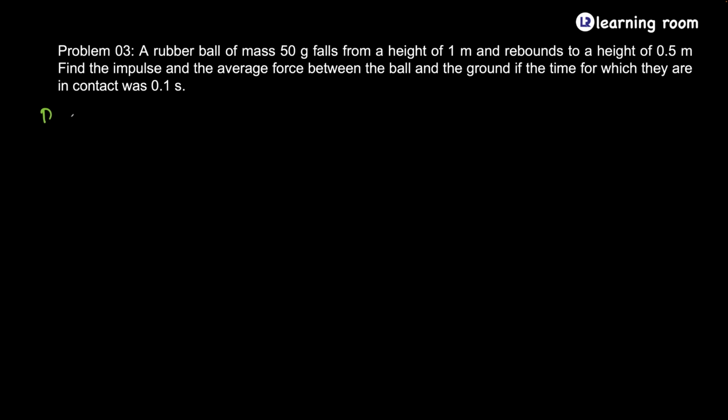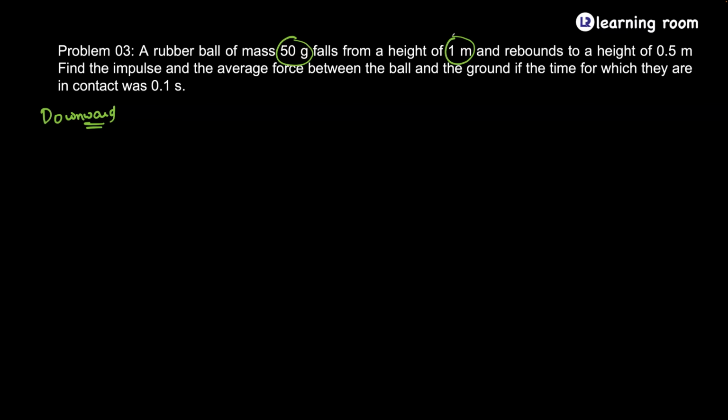So when there is a downward motion, here the question says there is a rubber ball of mass 50 gram that falls from a height of 1 meter. After hitting the ground, it is rebounding to a height of 0.5 meter. So I'm taking the downward journey into consideration.